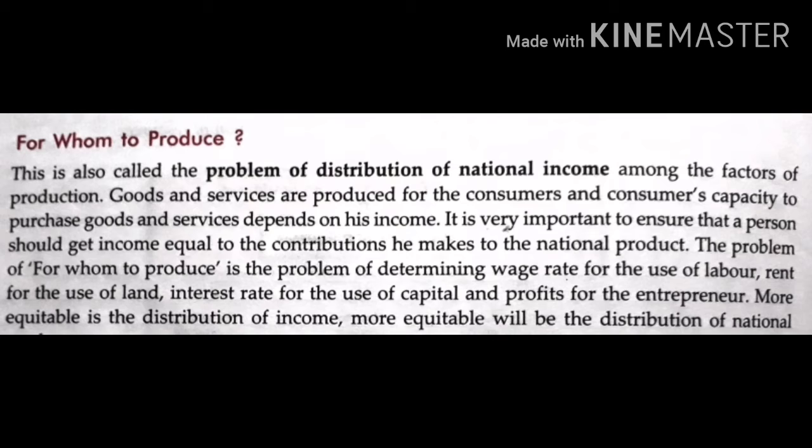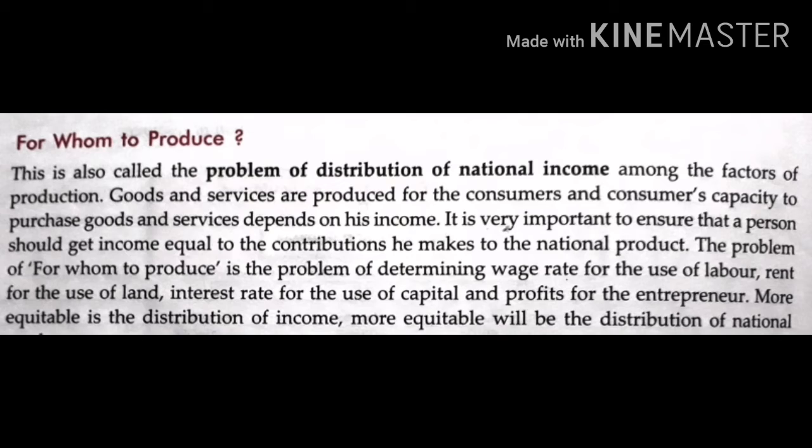Then in the next line it is written, the problem of for whom to produce is the problem of determining the wage rate for the use of labor, rent for the use of land, interest rate for the use of capital, and profits for the entrepreneur.